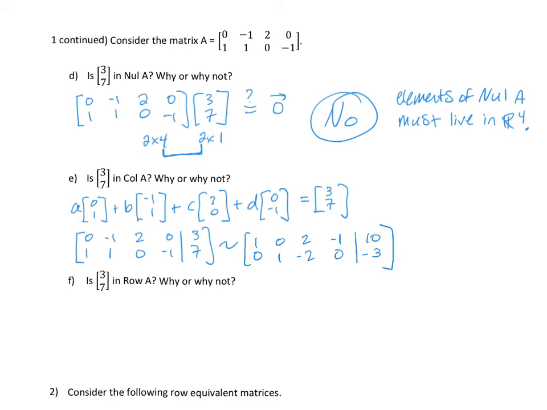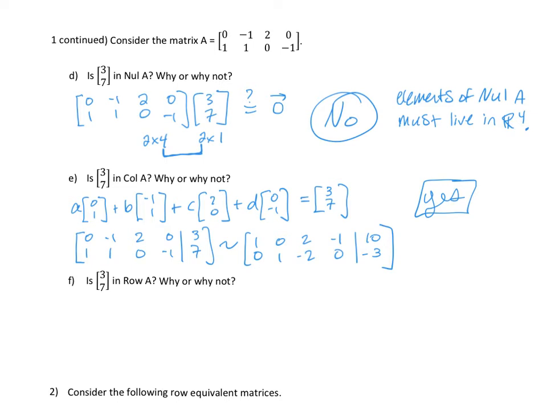Okay, so this is consistent. There is no line that says 0 equals a number. There's actually infinitely many solutions. So the answer is yes. We can find weights that can build [3, 7] from the columns of A. And I'm not actually asking to find the weights, so all I need to say is yes, because I know that there are some.